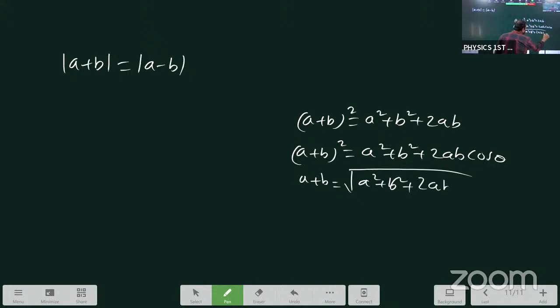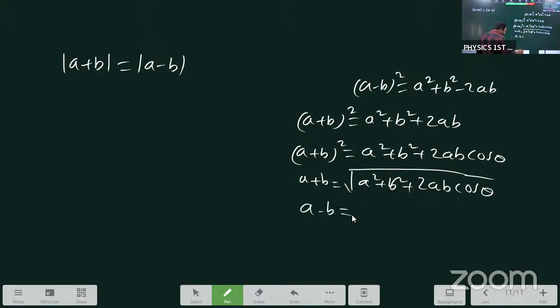Similarly, a minus b whole square means a square plus b square minus 2ab, so a minus b is the root of a square plus b square minus 2ab cos theta. Why cos theta? Because of vector resolution: the x-axis horizontal is cos theta, the vertical is sin theta.